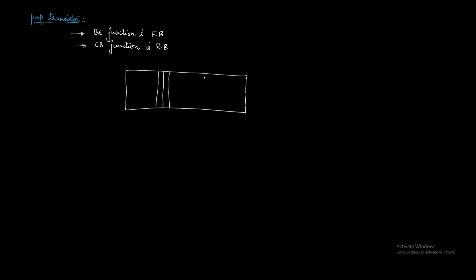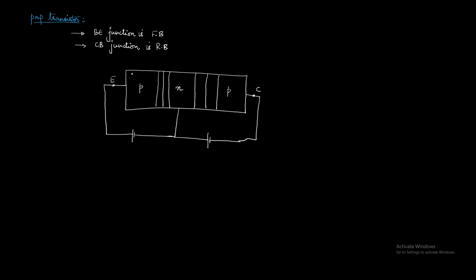In a similar manner, initially in the unbiased case, we have the layer of ions set on either side of the junctions. Because we are forward biasing the base emitter junction, you can see the width of the depletion region is very narrow, while since we are reverse biasing the base collector junction, the width is higher.